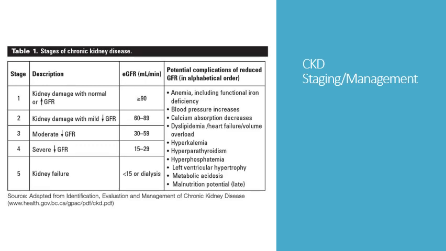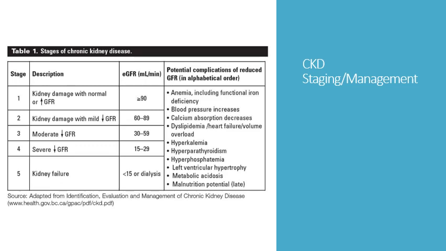Normal GFR is more than 90. If it's 60 to 90, then it's a second stage, and so some deficiency. Moderate is 30 to 59, severe is 15 to 29, and less than 15 is end stage. Probably the patient will be on dialysis.